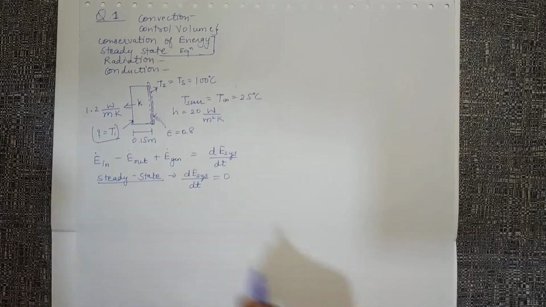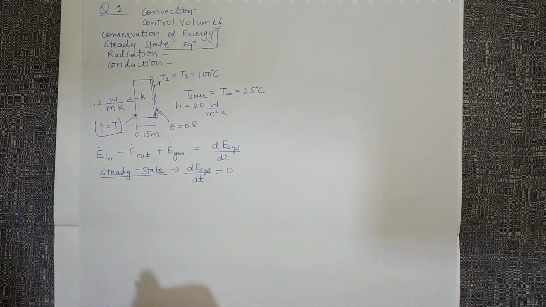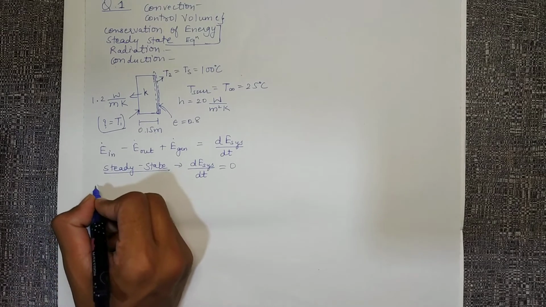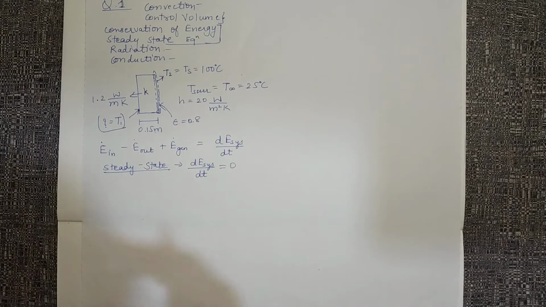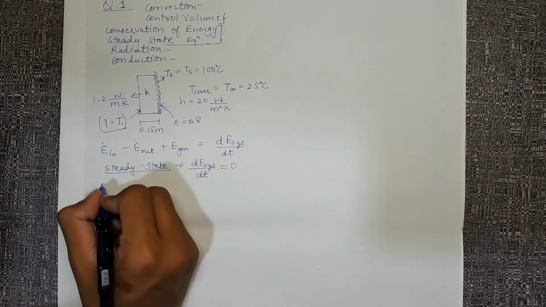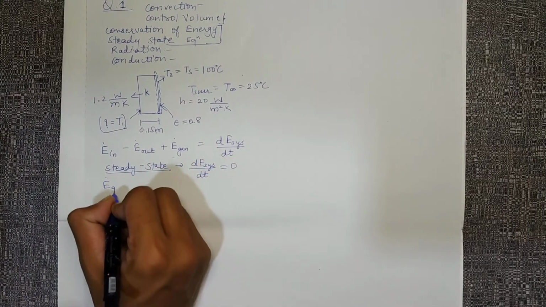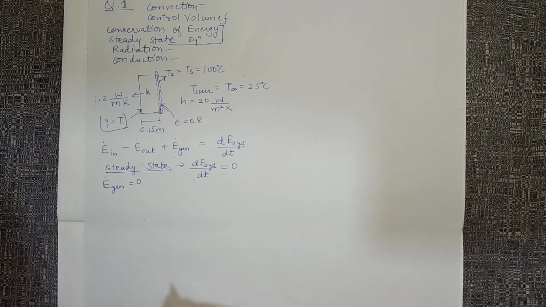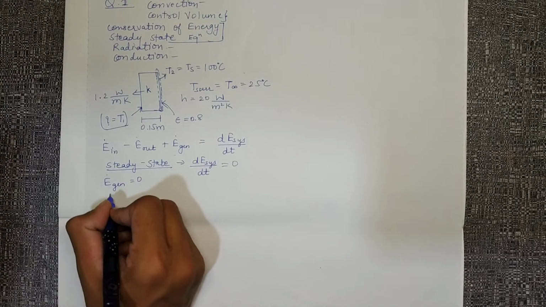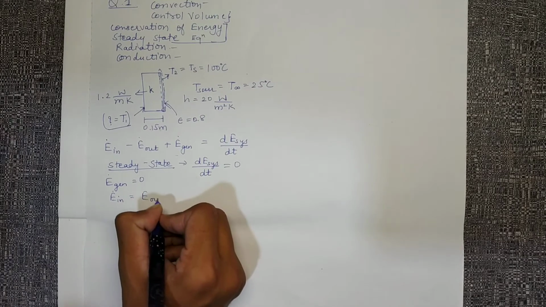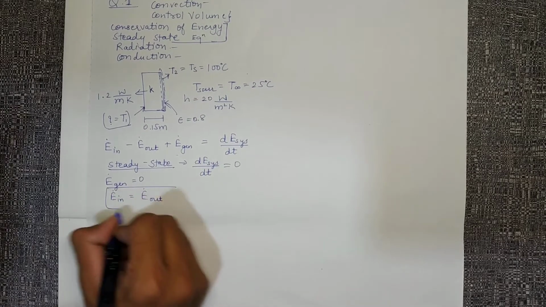So this surface is our control volume. That means the energy generation in the surface will be 0. The surface cannot generate energy. That's why the second term, energy generation, is also 0. Now what remains is energy in is equal to energy out. That's the remaining formula for us right now.